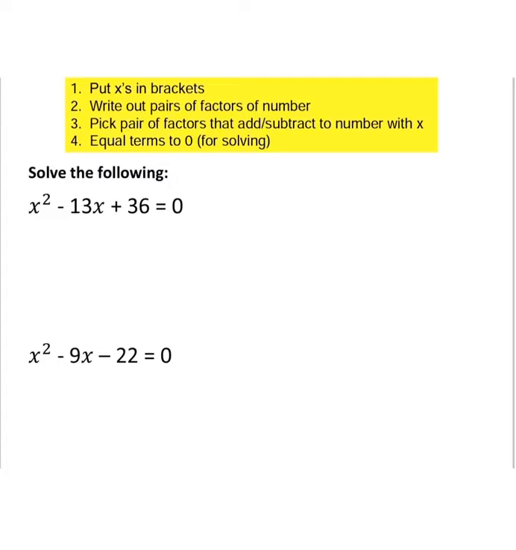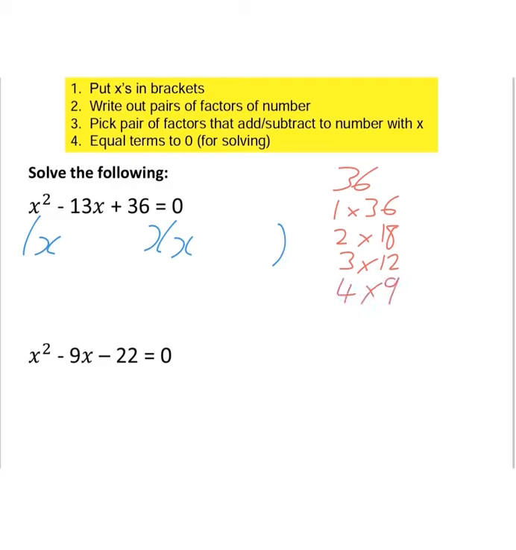Okay, let's see how you did. So, putting the x in brackets, then writing out the factors of 36 at the side of the page. So 1 times 36, 2 times 18, 3 times 12, and 4 times 9. And also 6 by 6.